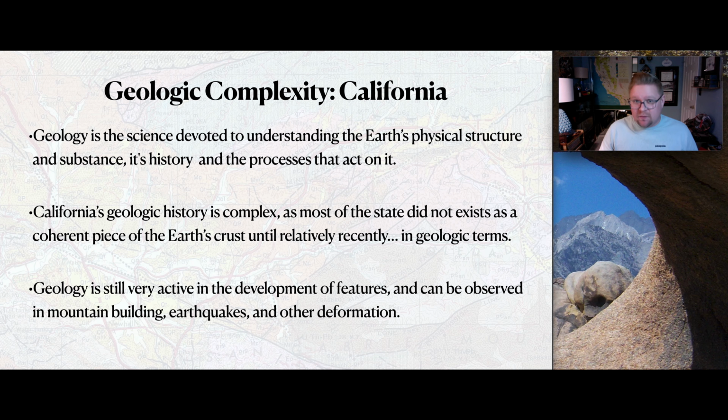Because we look at someone who's in their 70s and go, wow, they're so old. But really, geologically, 70 years is nothing. That's just a fraction of time in the grander scheme of not just millions, but now billions of years of morphology, of change and studies and rock. And we'll talk about some of the oldest rocks found in California as well, and trying to put dates with those. So it is complex.